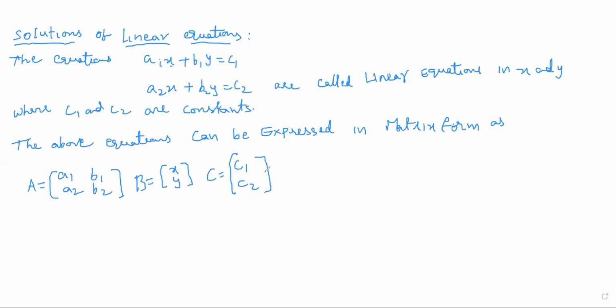Let the matrix be capital C. So now what we have done here, any two linear equations can be expressed in matrices form. This is the representation of equations in matrices form.